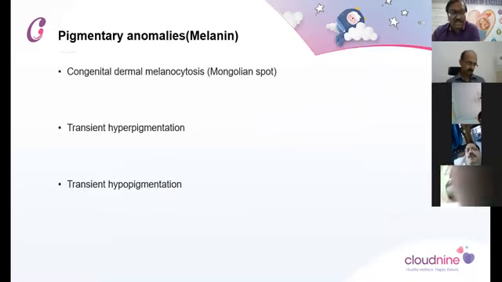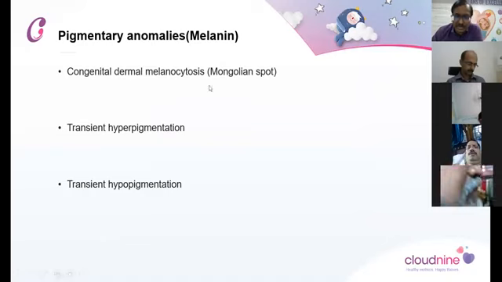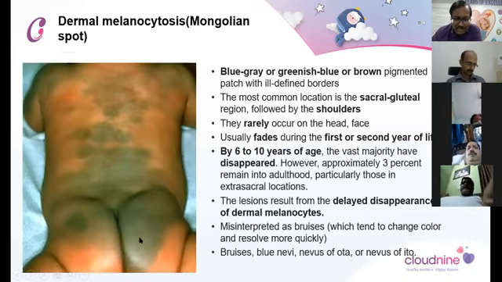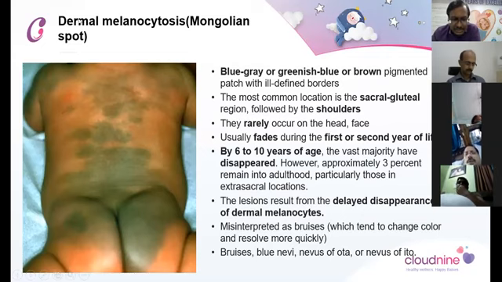Now, let's see a few pigmentary anomalies, which are related to melanin. I have selected mainly the Mongolian spot, which we commonly come across. The correct name is congenital dermal melanocytosis. It is usually seen around the sacrum or in the gluteal region, and also around the shoulder joint. It is usually bluish gray to greenish blue in color.